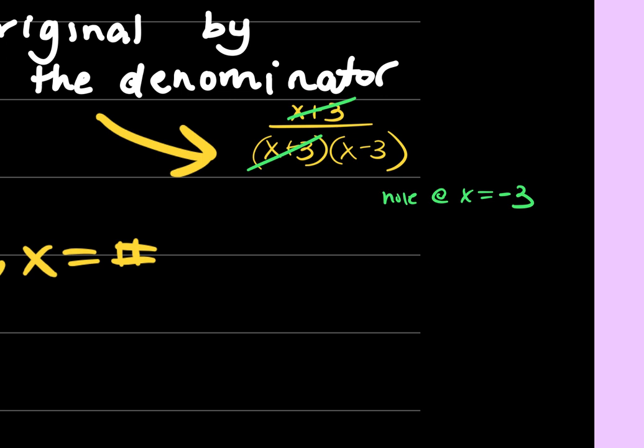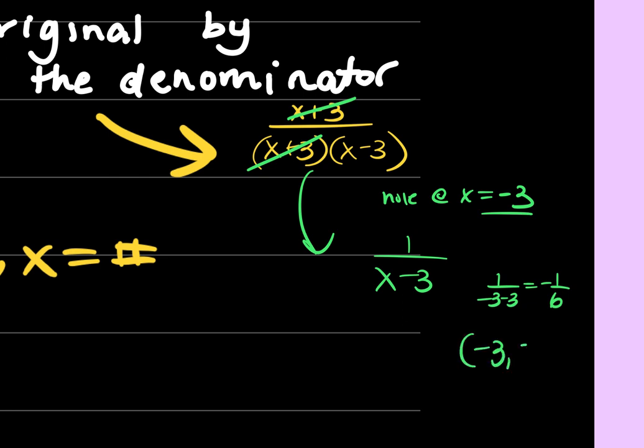No, so I'm so glad you said that. You plug in negative 3 into the updated one. So the only thing that comes from the original equation when there's a hole is the domain and the x coordinate of your hole. This I would now take and plug in my updated, which would be 1 over x minus 3. I'd get 1 over negative 3 minus 3, which is negative 1/6, and that's the y coordinate of my hole. I would look for a vertical asymptote, which there is one, from my updated equation.